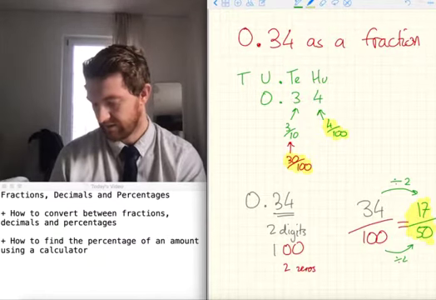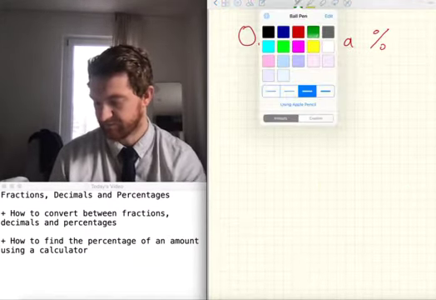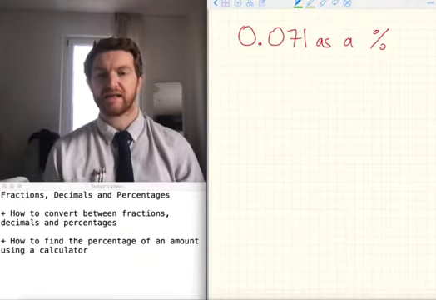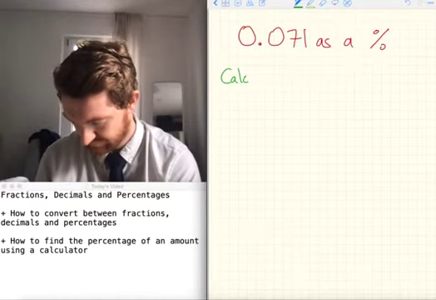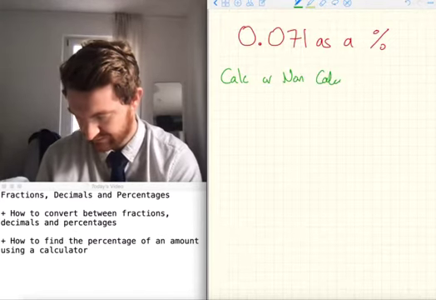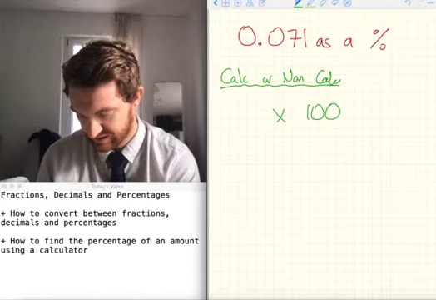Okay. What about if we wanted to make it into a percentage from a decimal? Well, here again, this is probably the easiest one of all of them if you have a calculator, and even if you don't. All you have to do is times by 100, because we know percentages mean out of 100.